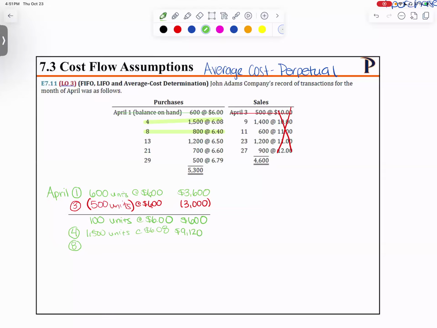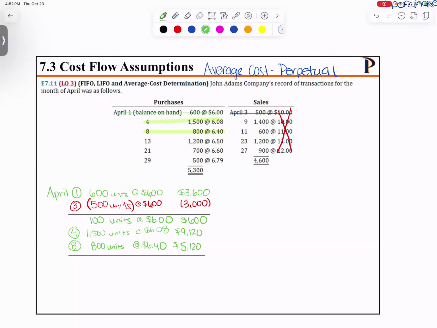Then on the 8th, we purchased 800 units at $6.40 each for a total cost of $5,120. And then our next transaction is a sale, but before we record that sale, we need to recalculate our weighted average cost.